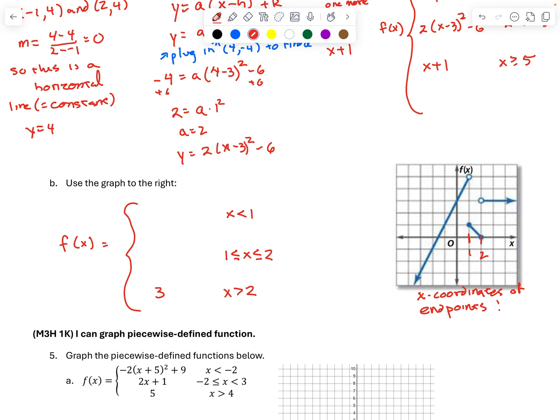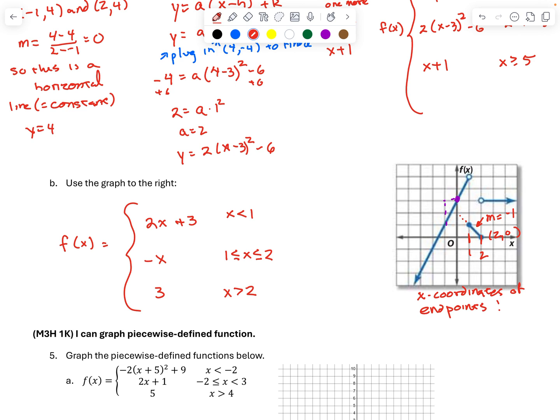The first piece has a slope of 2 and a y-intercept of 3. So this will be 2x plus 3. The next piece, you have a couple of choices. The slope is definitely -1. We can use point slope form since we know a couple of points. We have 2, 0. Or we can figure out if you back up to where the intercept would be if there was an intercept, we can see that that's 2.